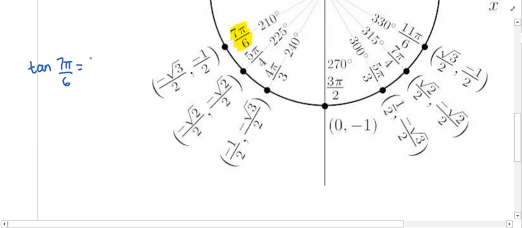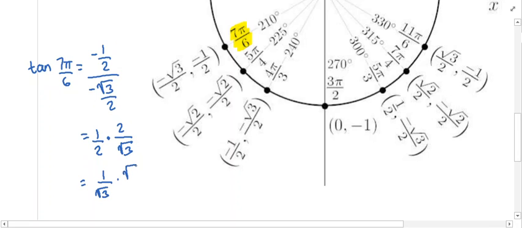Take the y value, divide it by the x value. Negative divided by negative gives you positive, so this is going to be 1/2 times, flip the bottom fraction. The 2's are going to cancel again, and this is going to fall out the same way that pi over 6 did. This is going to be 1 over the square root of 3. Rationalize the denominator, and you get a tangent of the square root of 3 over 3.